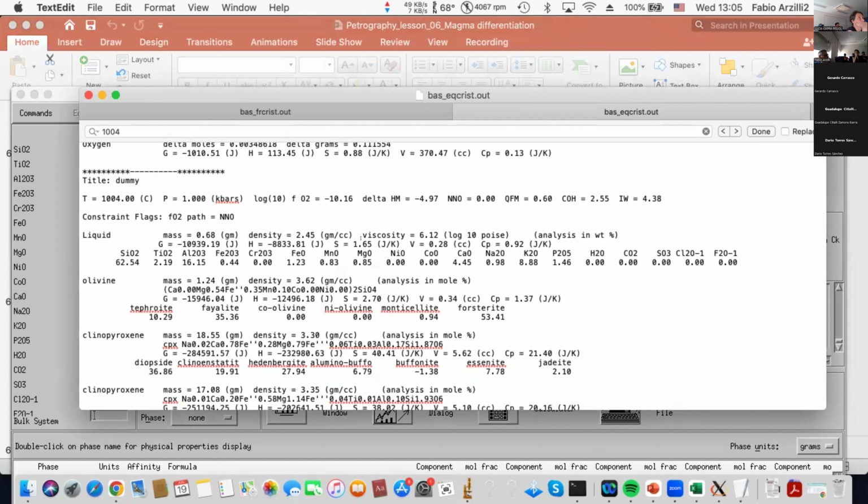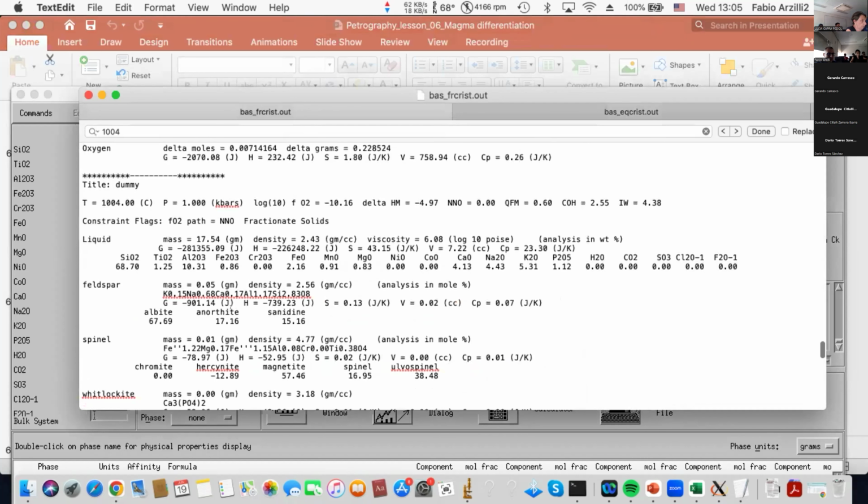And you will see how also the composition of the minerals will change, because now going towards the acidic composition, the type of minerals and the composition of minerals change accordingly with the condition and the composition.